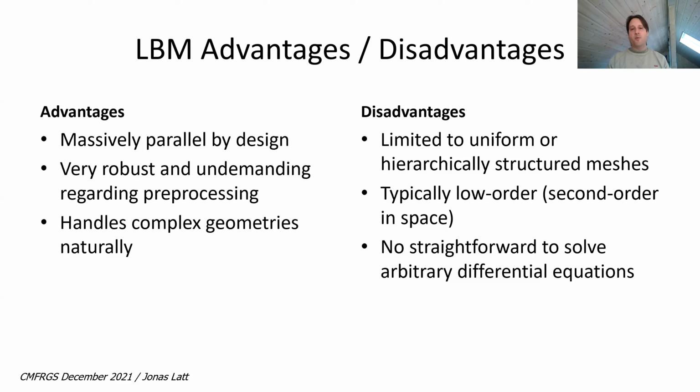Very often in lattice Boltzmann, this is going to be a matter of minutes because of the type of meshes we use. It is also a method which handles complex geometries very naturally. This is why you see lattice Boltzmann popping up very frequently for problems in porous media, as you saw in the example of the flow in a porous bone.